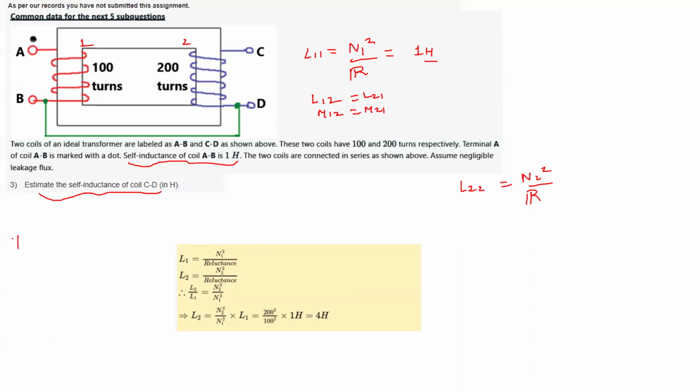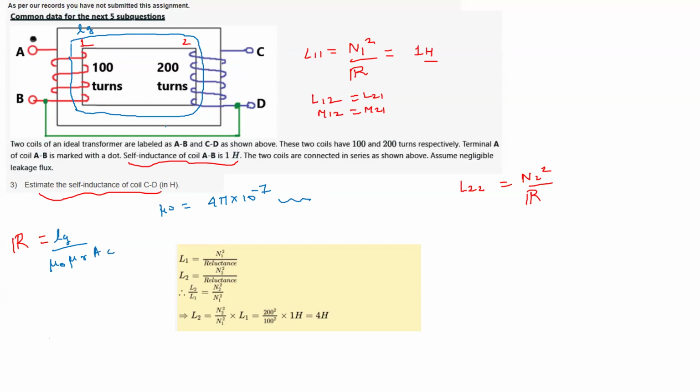Reluctance is basically given by the magnetic path length, let us say Lg, divided by mu naught mu r, where mu r is the relative permeability of the magnetic medium and mu naught is the permeability of air, 4 pi into 10 power minus 7 units, times the cross section A.